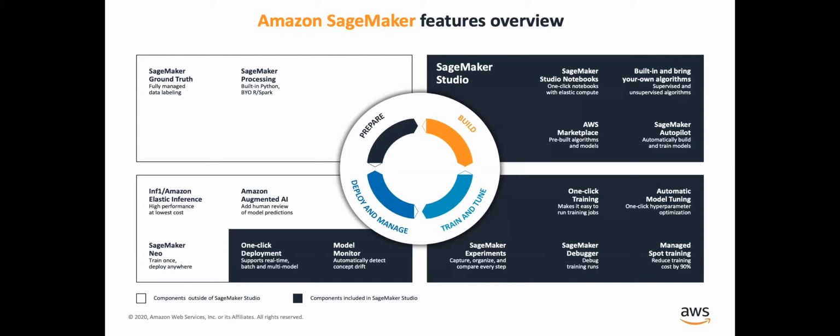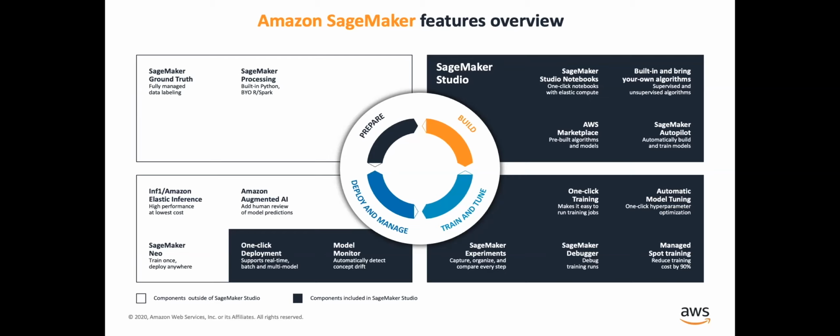Deploy and manage is on the left bottom corner. As I mentioned, there are different types of deployment. The first one is called elastic inferencing. Early days, I thought training the model was the biggest cost of running a machine learning system, but that's not right.